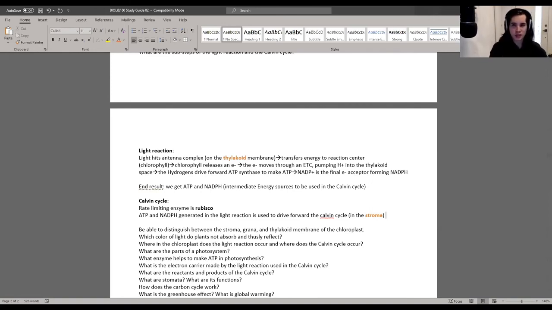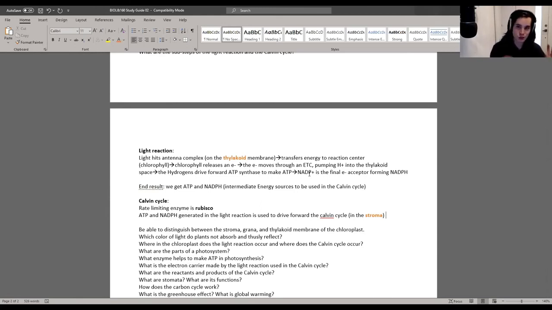You can have the Calvin cycle occurring at night. You can have the Calvin cycle occurring during the day. You could take that ATP and NADPH, as you're making it in the light reaction, and start making sugars out of CO2 in the atmosphere during the day.